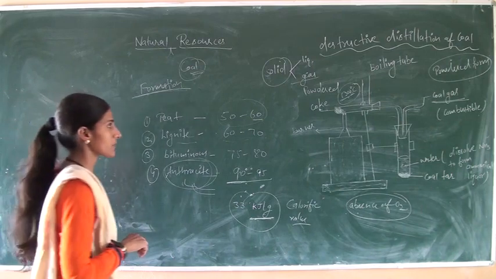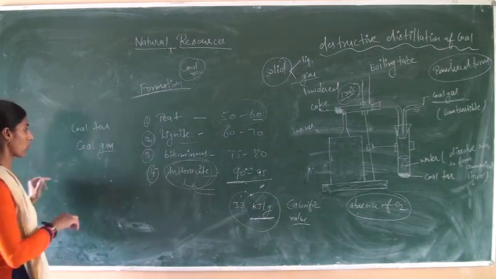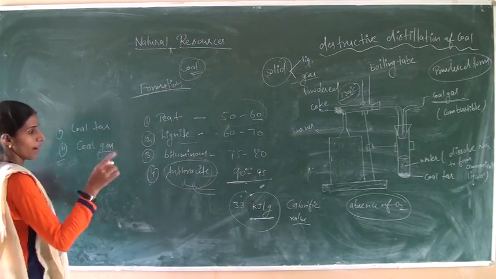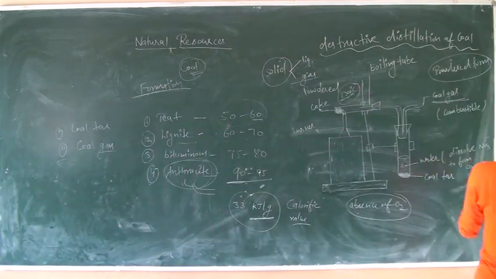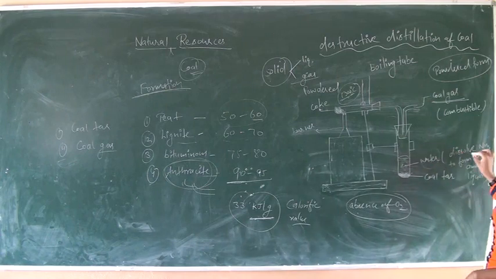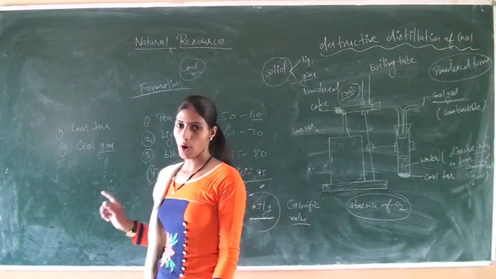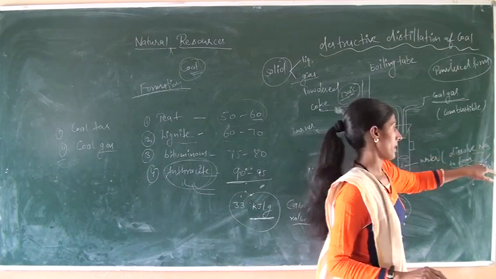The main products obtained after destructive distillation are coal tar, coal gas and water. Water, which is the liquid form, dissolves ammonia.